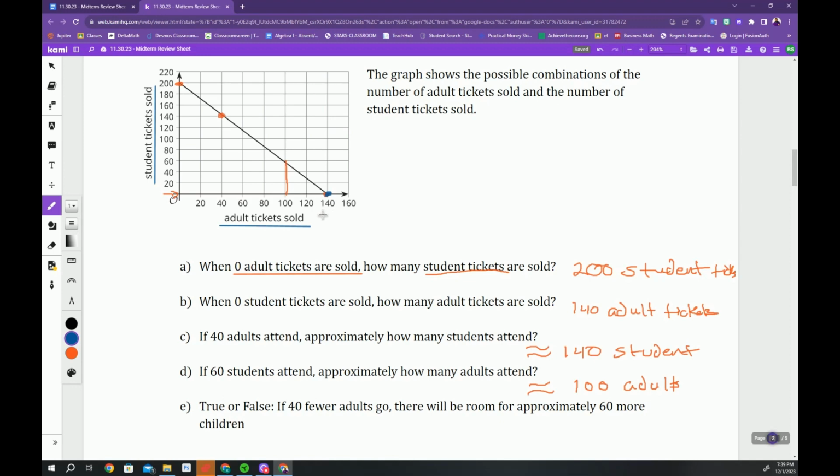Now, if 40 less adults go, so 140 minus 40, that means 100 adults go. If 100 adults go, we look over here, then approximately, right over here, 60 students can go. So, true or false? Approximately 60 more students can go. So this is true.